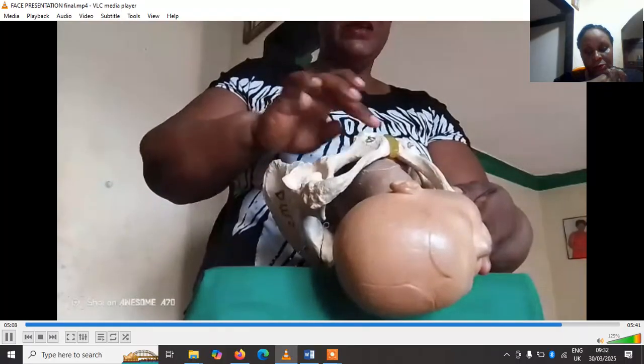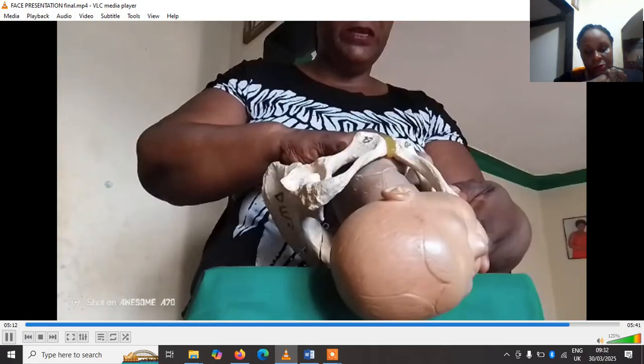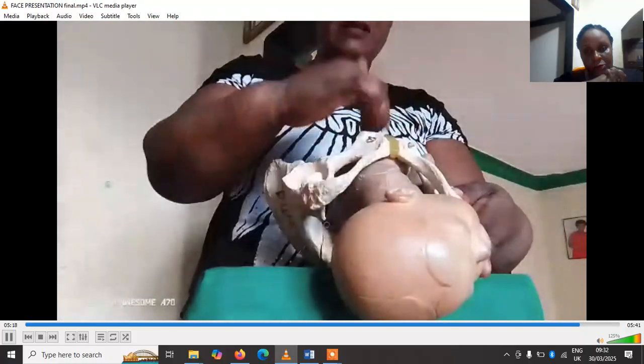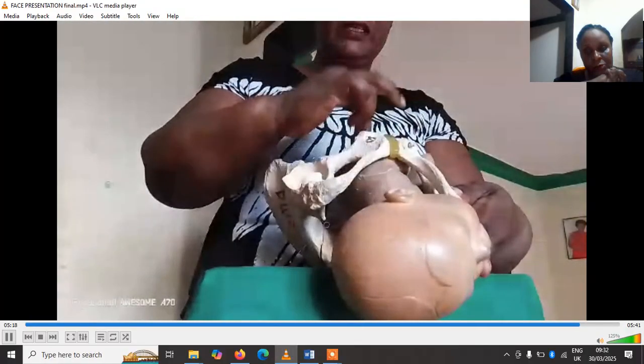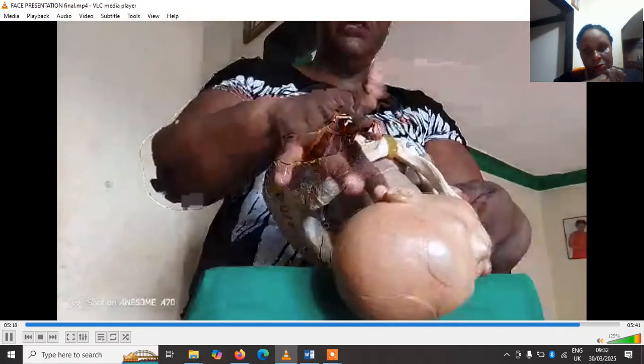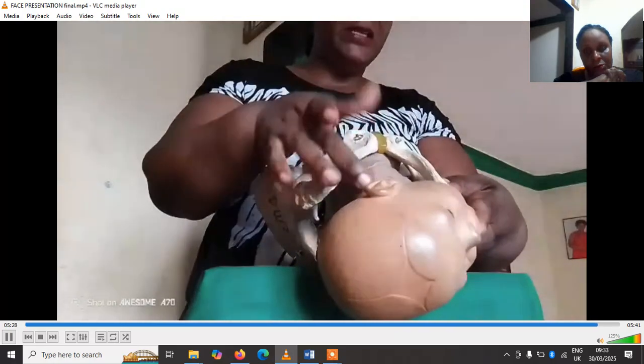So here, during rotation of an eighth of the circle, we shall have internal rotation of the body and then external rotation of the head. The two will occur simultaneously. Rotation of the body and external rotation of the head. Then at this time, the shoulders will be lying in an antero-posterior diameter.